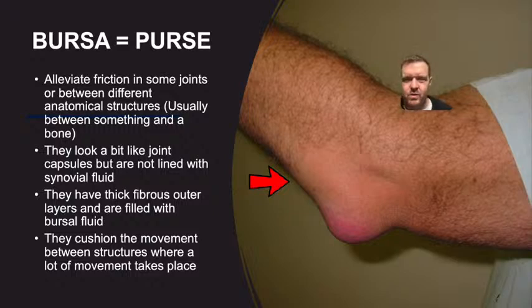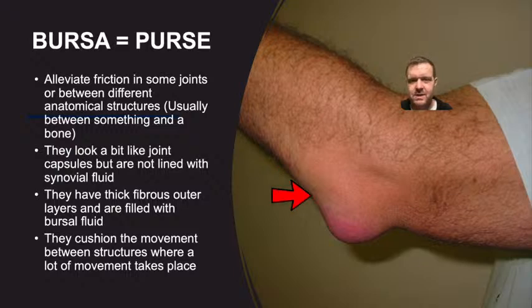Yeah, we used to call these student elbows. So studying at your desk, obviously beavering away, doing your work, irritates the olecranon bursa, and then you get this big bursitis. Another area where you get it is the pre-patellar bursa, the bursa on the front of the kneecap, and it's quite common in people who work as carpet fitters and plumbers.